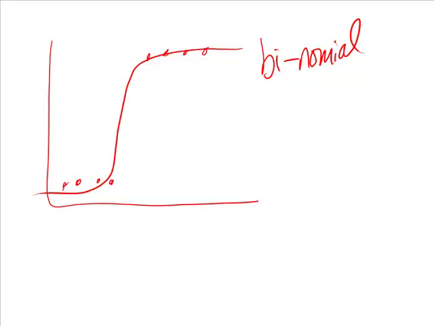So, we know, first of all, that maximum likelihood estimation is probability based. We also know that with maximum likelihood estimation, you can change the distribution. You can change the shape of the distribution. You don't have to use the normal distribution.